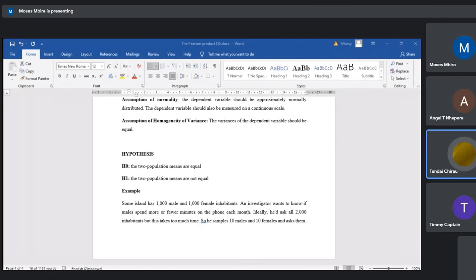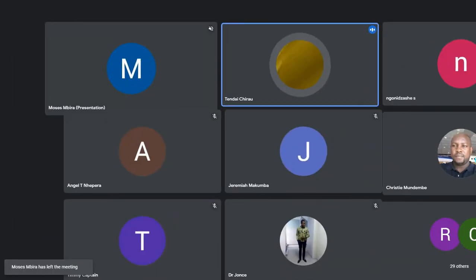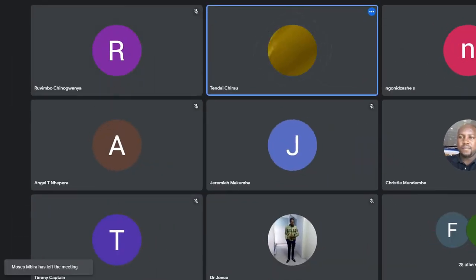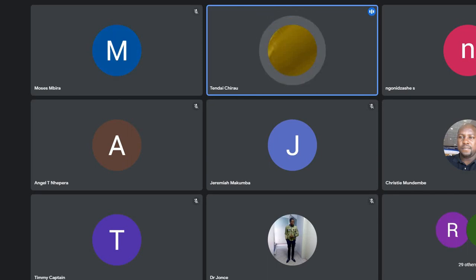I actually have a question, but it's referring to the previous question that we just did, the one that Jeremiah and partner did. I think I heard Jeremiah saying the p-value that we were looking at was for the t-test, but now looking at the use cases of the t-test that were just presented by Moses, it shows that the t-test is not used to measure significance of relationship.